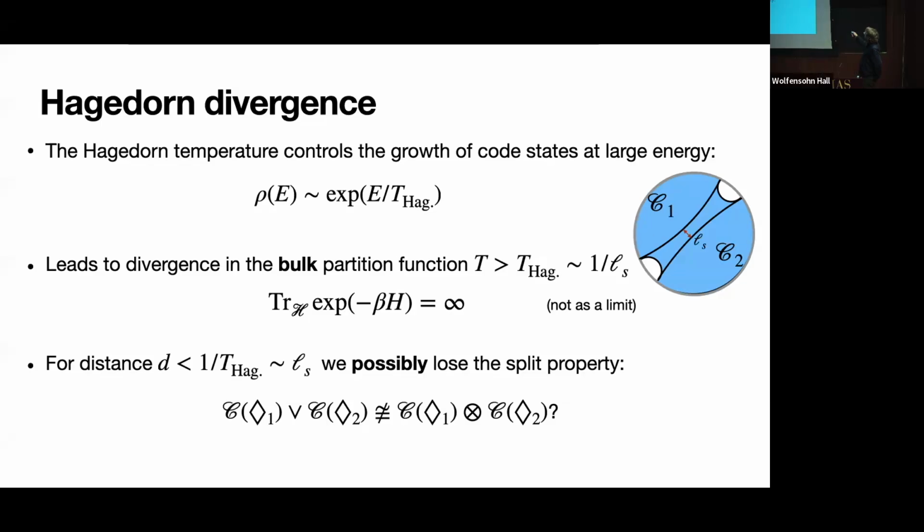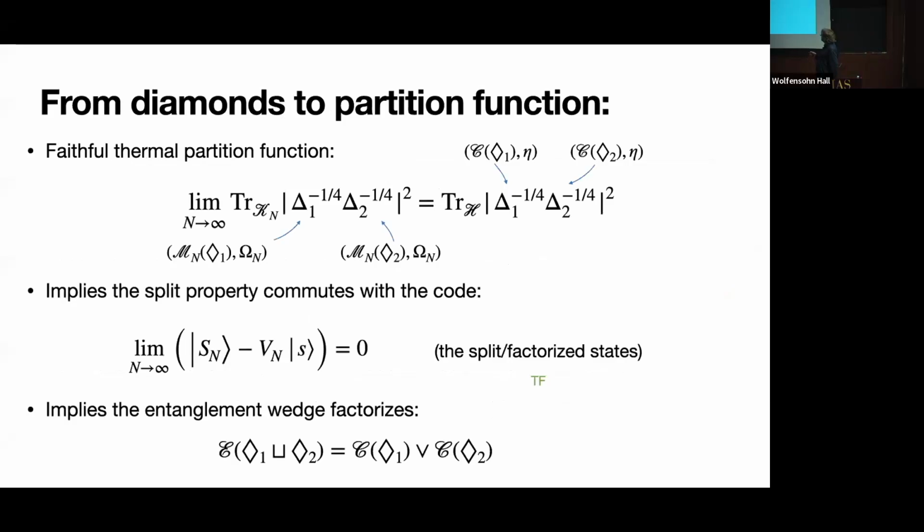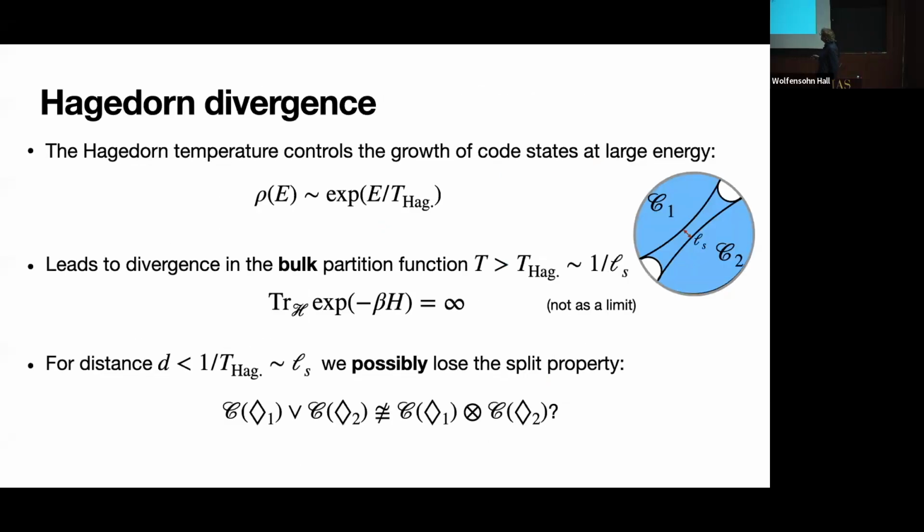So that's the setting where the causal wedges are very close to each other like this. They're within a string length of each other. And in that case, this sort of nuclearity condition goes away. So you don't have this bulk nuclearity condition, which means it's possible that we lose the split property. I don't know for sure that we lose the split property, okay, because it's not an if and only if statement.